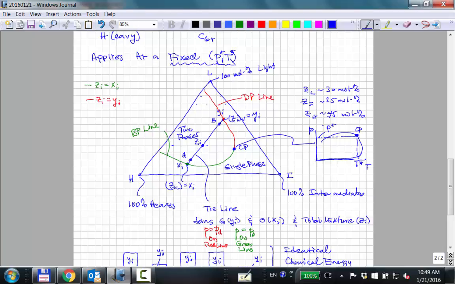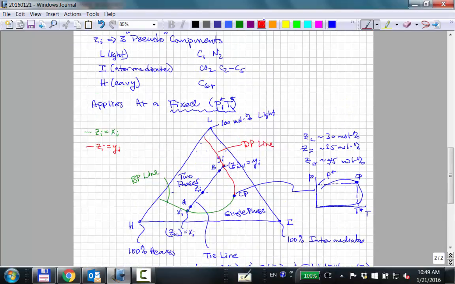Okay? If we took this gas here, if we took this equilibrium gas that we originally found, its pressure temperature diagram, I'll draw that in red. I'll mark P star and T star. It would look something like this. It would have to go through that point.